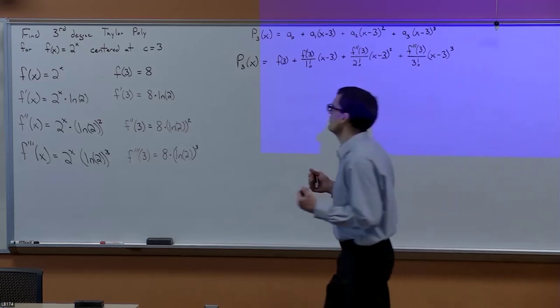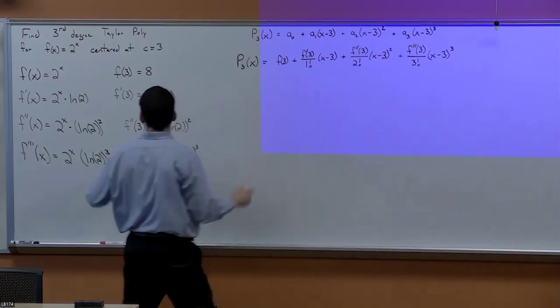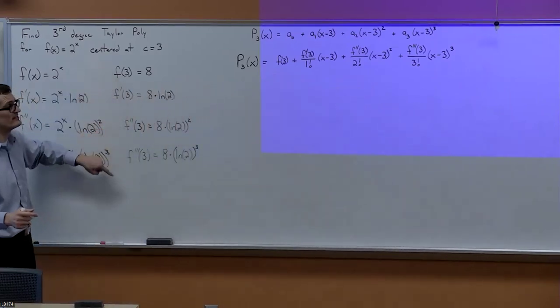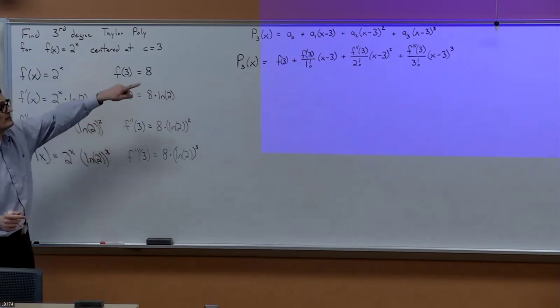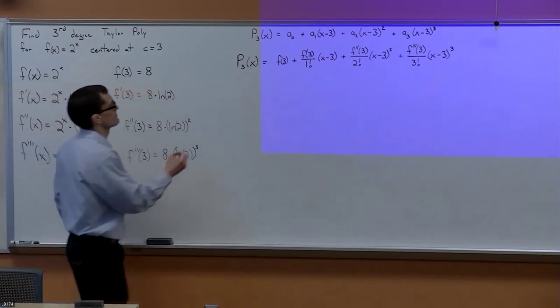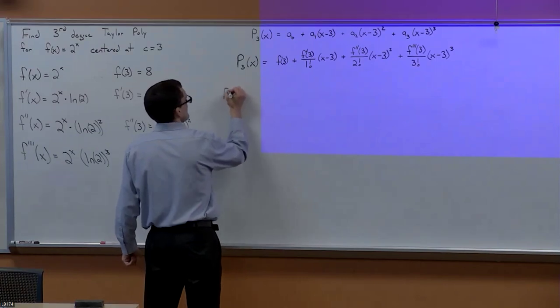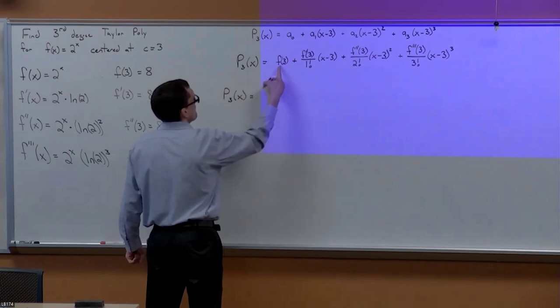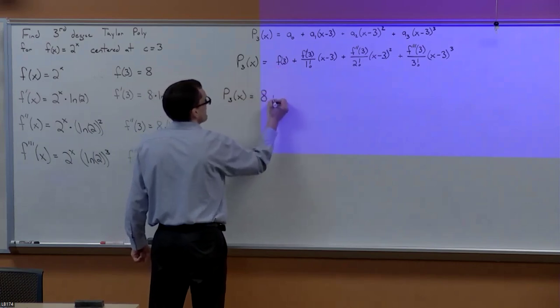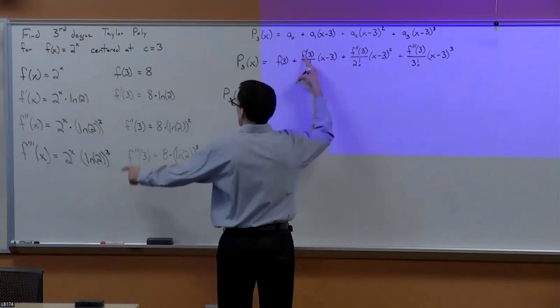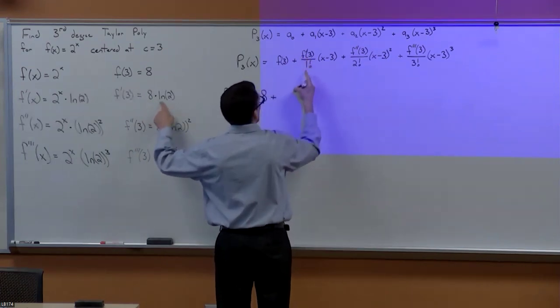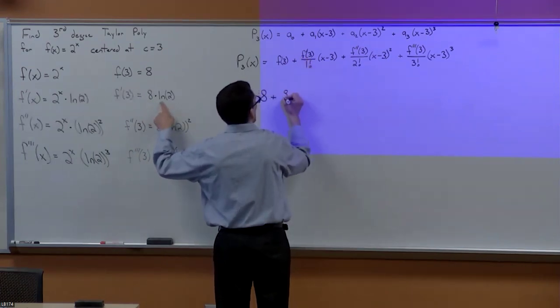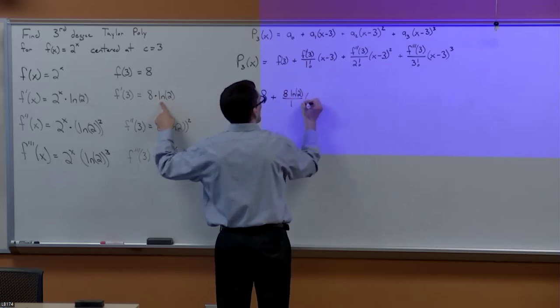And now that I know all of these, I just have to plug those in. It's going to be a little bit messy, but we get 8 plus 8 times natural log of 2 over 1 factorial, times x minus 3.